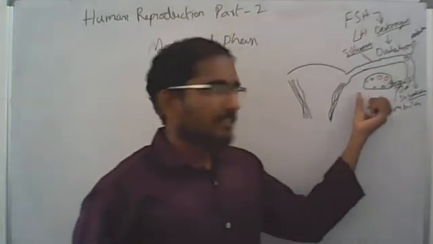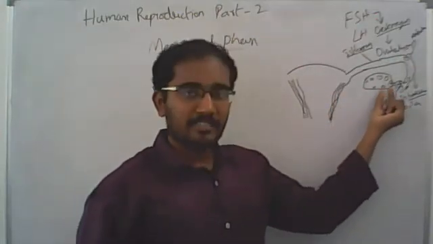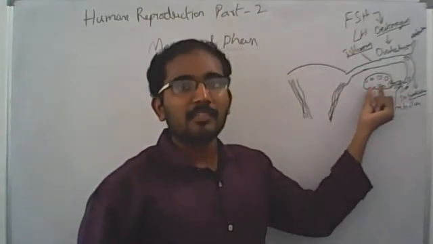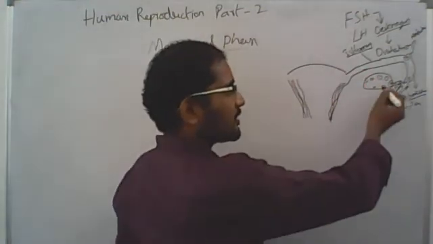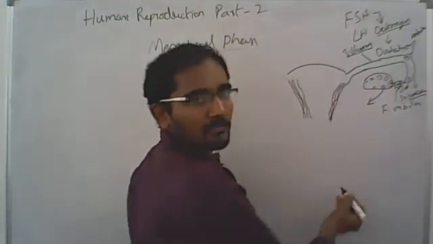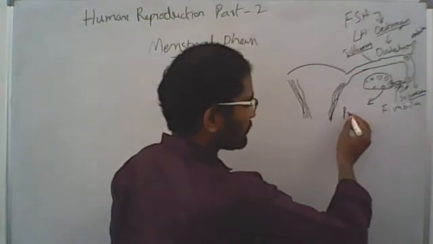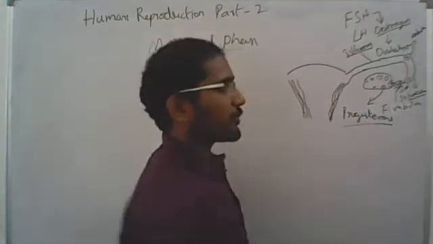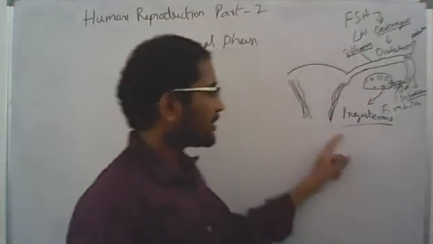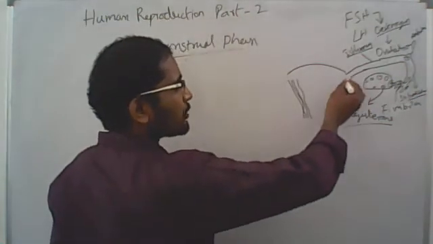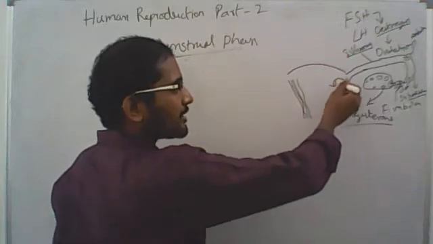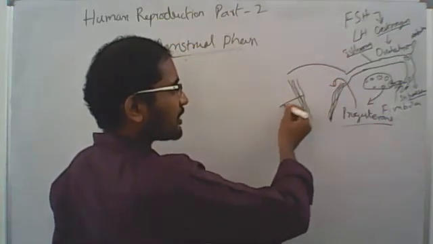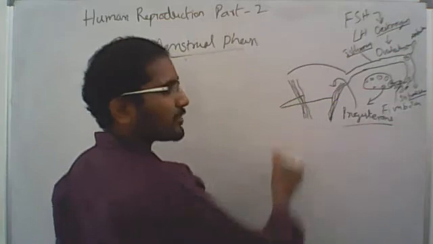Listen carefully. We have just discussed that the corpus luteum produces the progesterone hormone. This progesterone acts to build the endometrium layer, the innermost layer of the uterus.